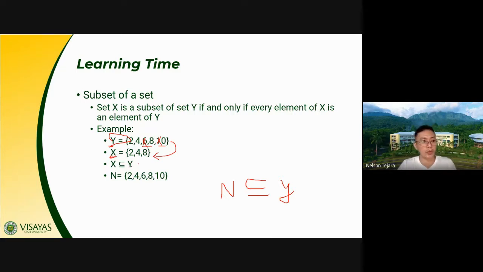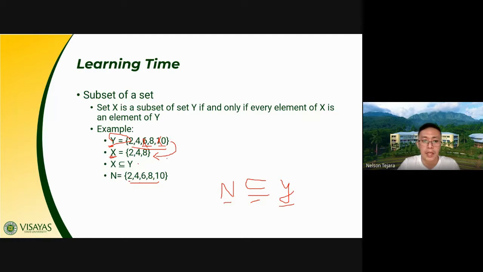And then let's go back to my question. Can we say that N is a proper subset of Y? So N here contains elements 2, 4, 6, 8, and 10. At the same time, set Y also contains elements 2, 4, 6, 8, and 10.